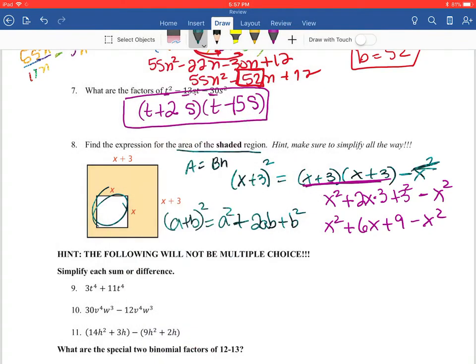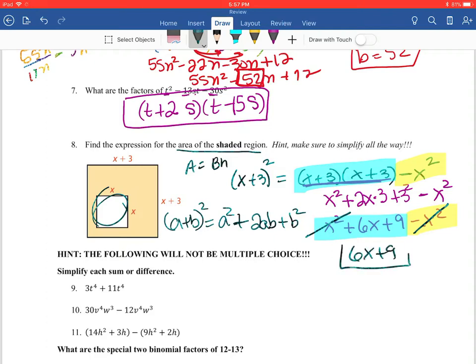The x squared from here, whoops, didn't mean to do that. X squared from there is the x squared there, okay? This here is this, all right? Now, I can cancel that one and that one because I have a positive and a negative. So my final answer is 6x plus 9.